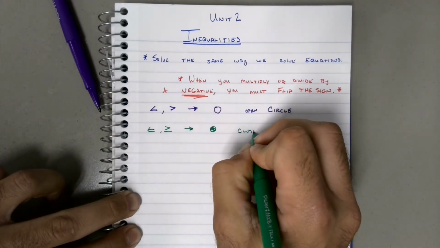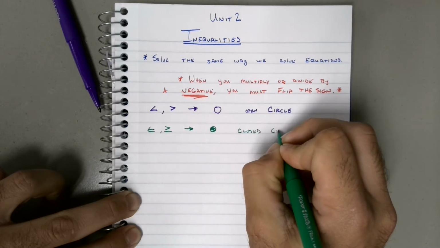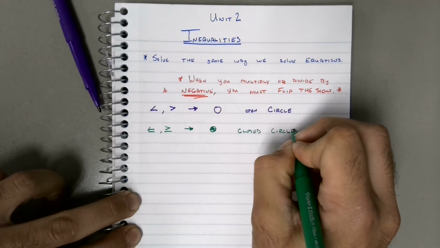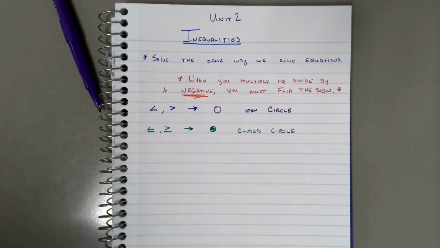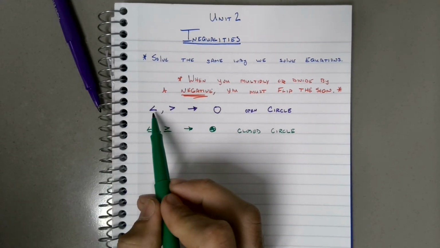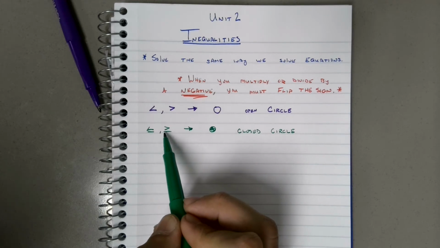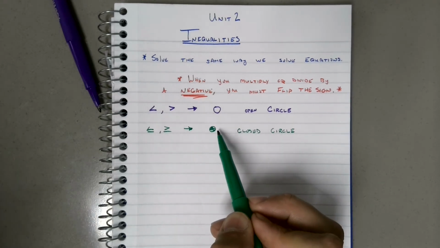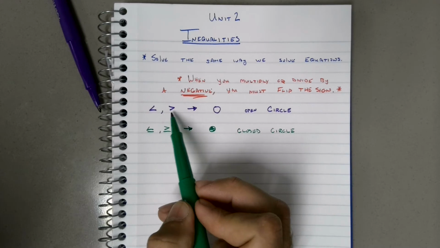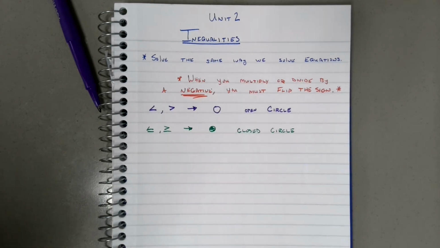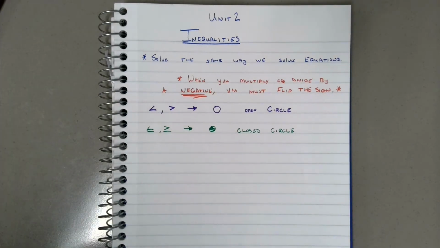Here is how I help to know the difference. These don't have a little line under them. These do. It's almost like taking a little pencil. If I have a little pencil I can pick up and bubble in, it's going to be closed. If there's no pencil under here you can pick up and bubble in, it's not going to be closed, okay? So that's their graphs. Make sure you remember that.